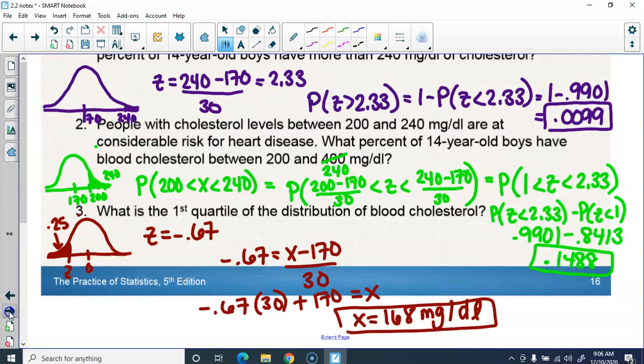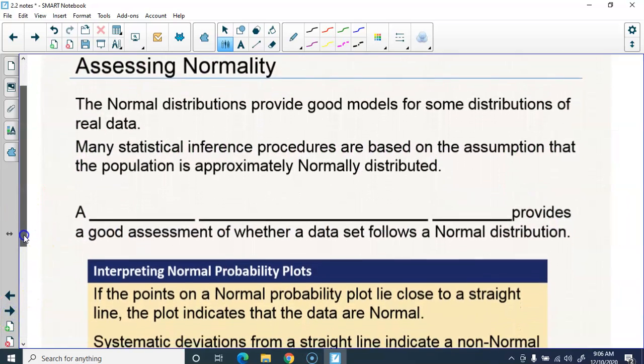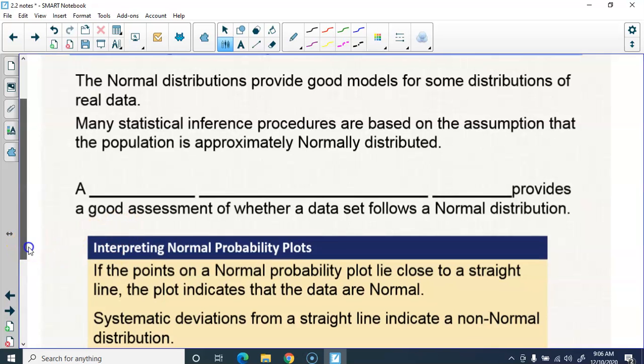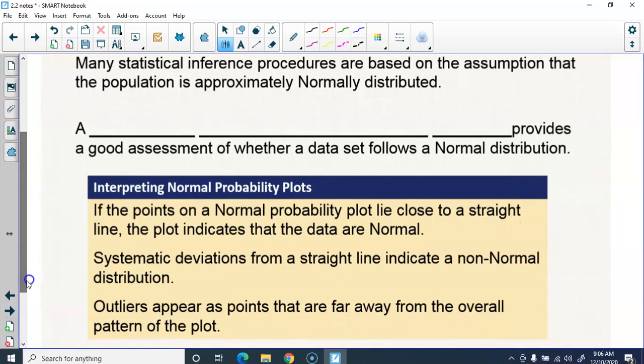All right. Normal distributions provide some good models for some distributions of real data. Many statistical inference procedures are based on the assumption that the population is approximately normally distributed. As we get further along, you're going to see that a lot of our inference is going to say assuming normal distribution. So if we don't have that or don't know if it is, we're in trouble.